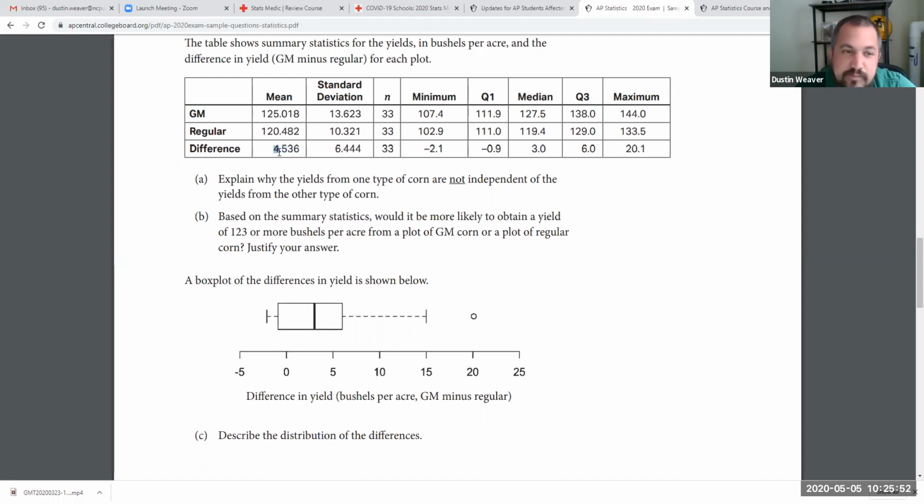And we see that the mean is a little bit higher than the median because it is skewed to the right. Remember, that also tells you the shape. So the mean gets pulled in the direction that it is skewed. So because it's skewed to the right, the mean is higher than the median. So the mean is 4.5, whereas the median is only 3. And then lastly, the spread.